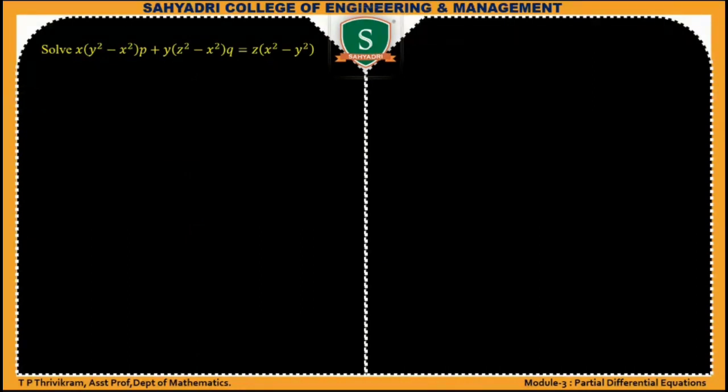So the equation is of the form capital P into small p plus capital Q into small q is equal to capital R, where here capital P is equal to x into (y square minus x square). Sorry, this is not y square minus x square, it is y square minus z square.